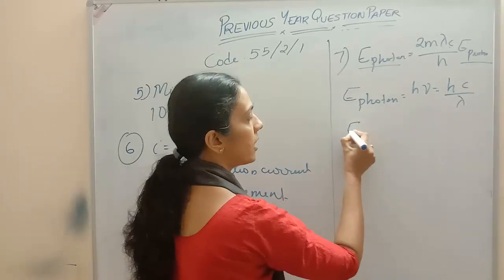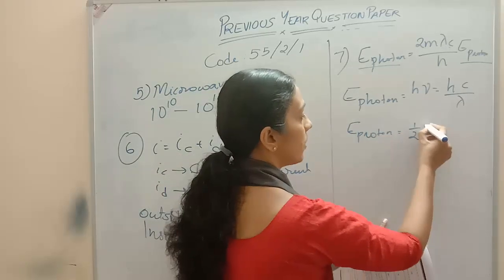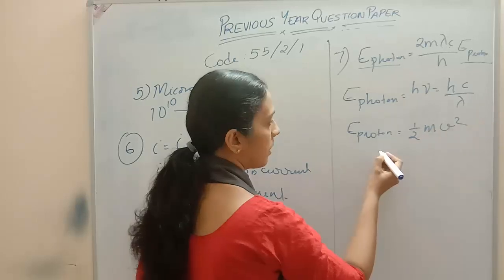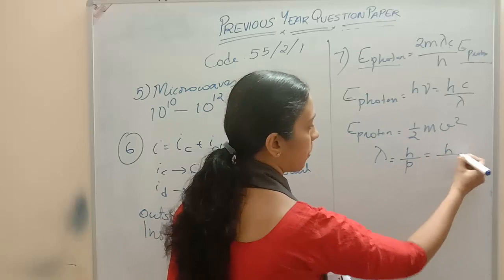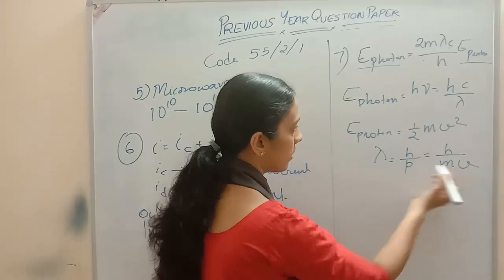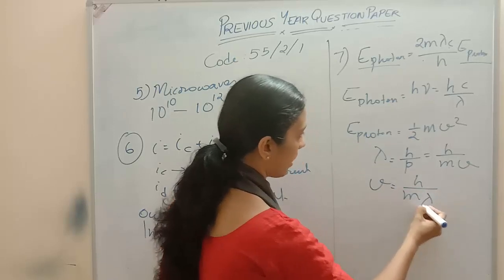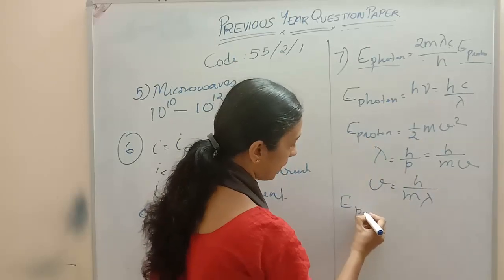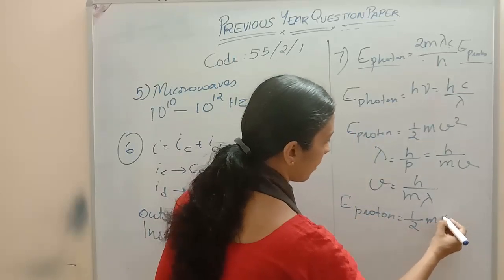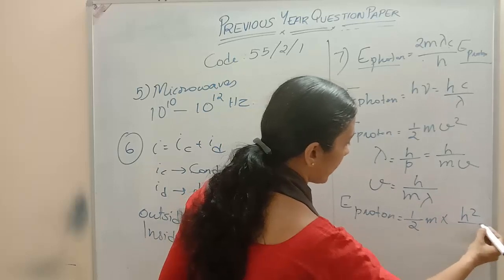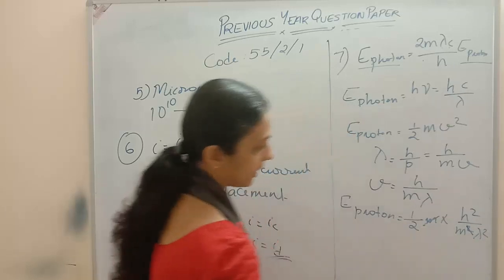Now the kinetic energy of the proton is half mv square, but we know lambda equals h by p, that is h by mv, so v equals h by m lambda. So E proton equals half m v square, which means h square divided by m square lambda square. The m and m get cancelled.